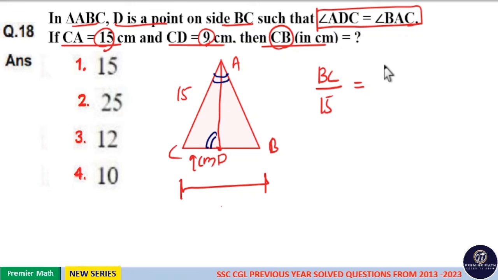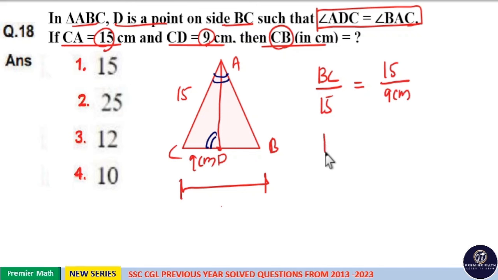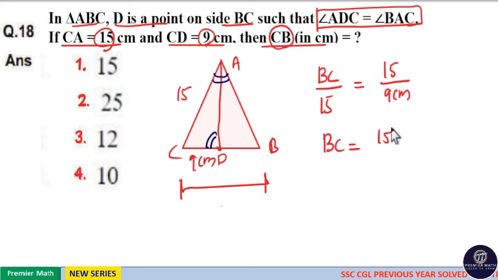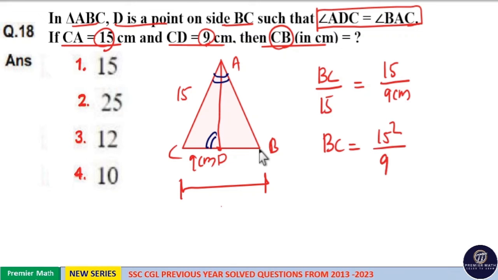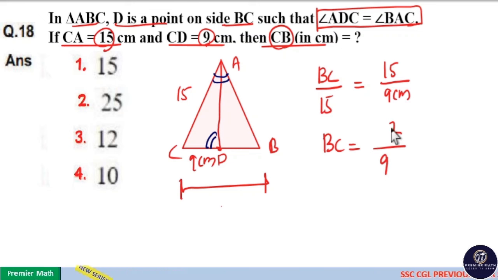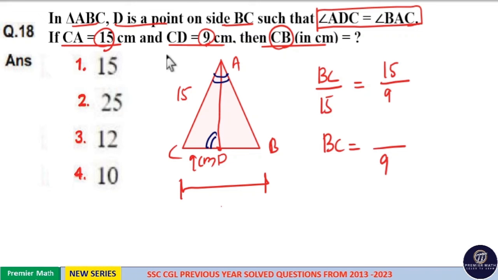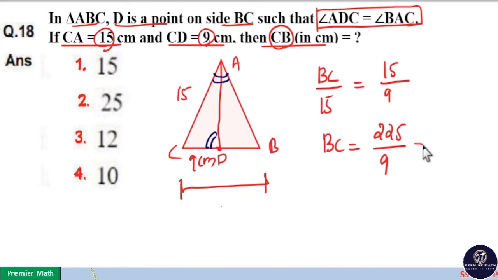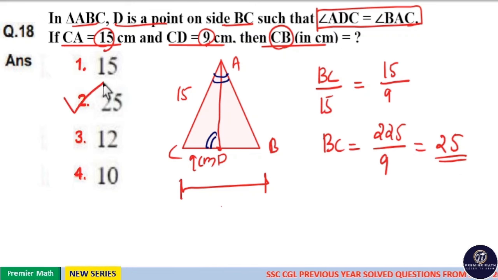Here opposite side is 15 centimeter and adjacent side is 9 centimeter. Now you can see BC is equal to 15 square divided by 9. 15 square is 225. 225 by 9 means 9 goes 2 times in 22, remaining 4, 9 goes 5 times in 45. So option 2 is your answer. BC is 25 centimeter.